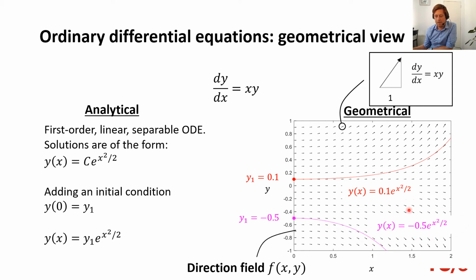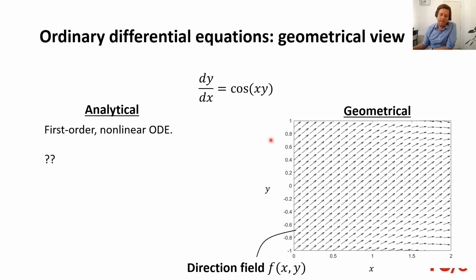And the analytical form of that function is just plugging in minus 0.5 into here. But we have here also a geometrical perspective, and we can do this for any initial condition that you want. So just by looking at this direction field, we can have a general qualitative geometrical point of view of how solutions to the ordinary differential equation should look like.